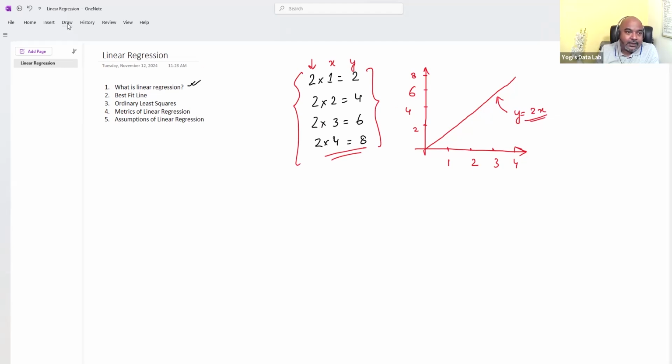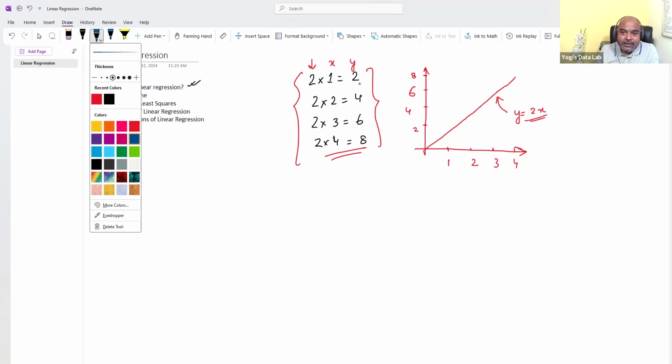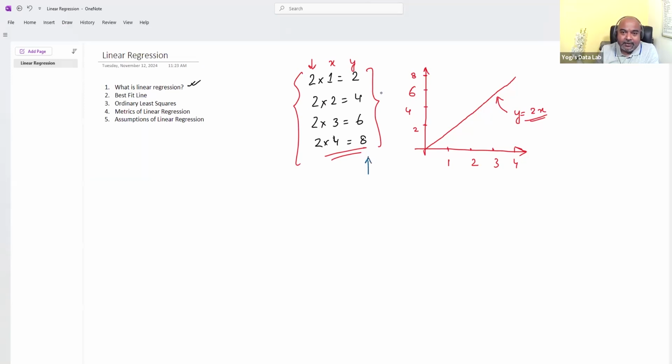But on the contrary, let us say that instead of 2, 4, 6, and 8, you are given the values 3, 5, 7, and 9. So the equation or the line will also change, because for 1, y is going to be somewhere here. For 2, y is going to be somewhere here.